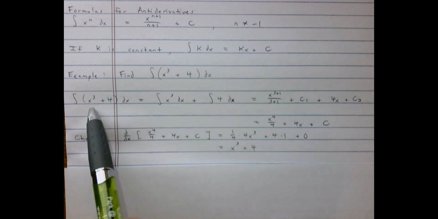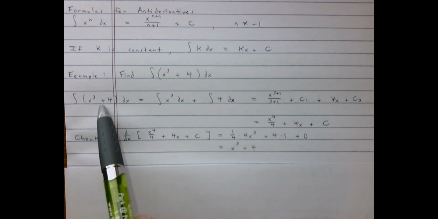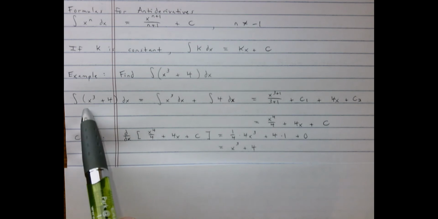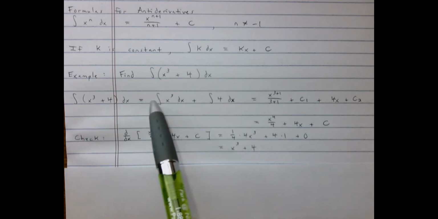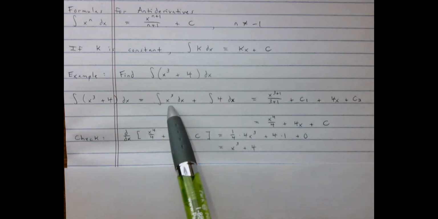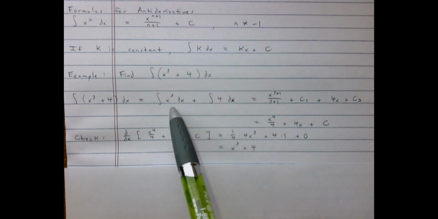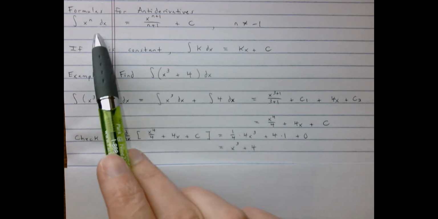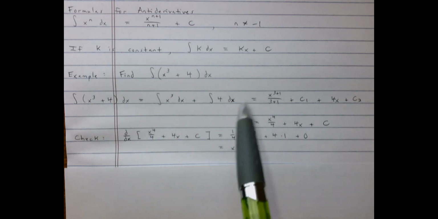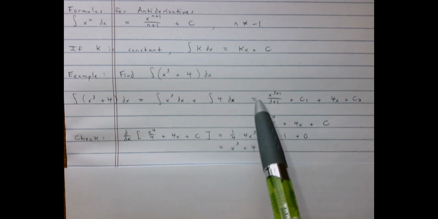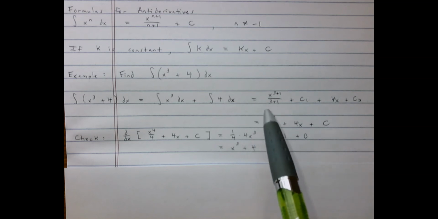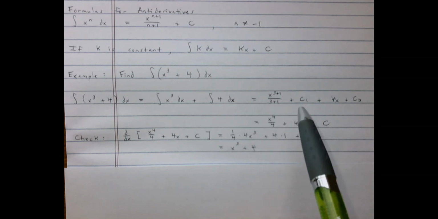Just like with the derivative of a sum, we can break up the integral of a sum and write this as the integral of x cubed plus the integral of 4. And to determine the integral of x cubed, I'll use this power rule up top. We end up with x to the 4 over 4 plus some constant, which I'll denote c1.